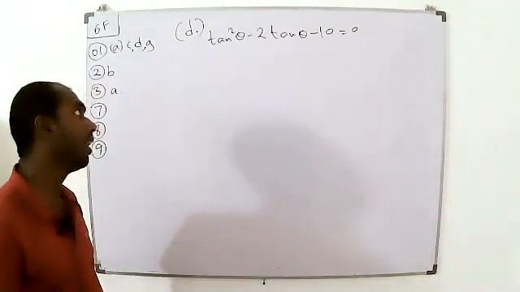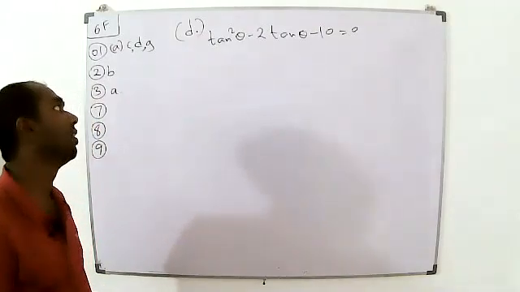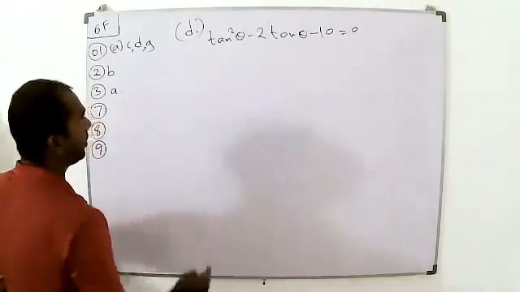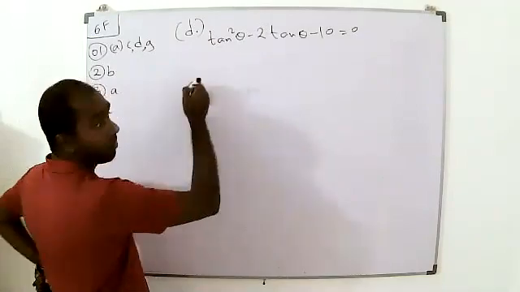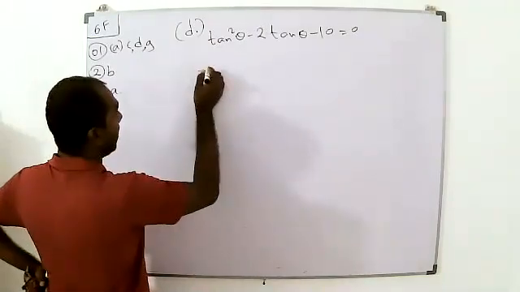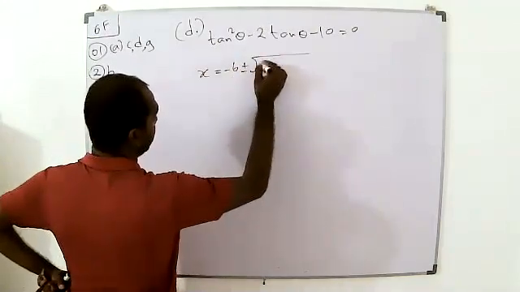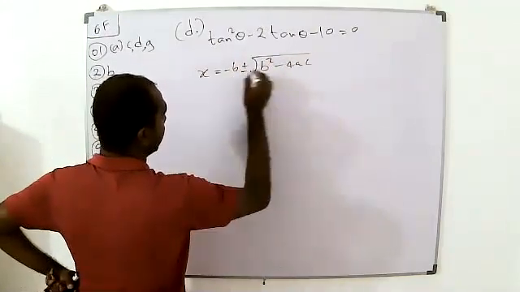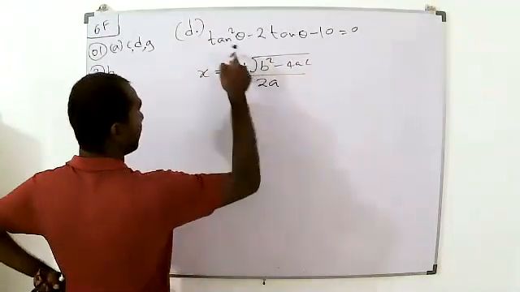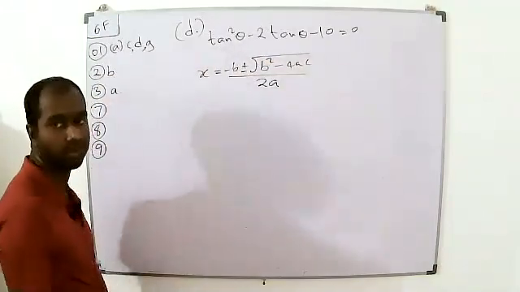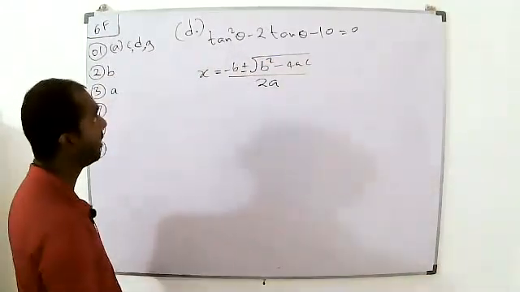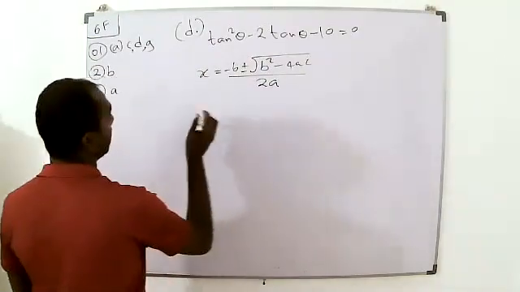The equation is x equals minus b plus or minus the square root of b squared minus 4ac, divided by 2a. I rarely use this. You can even use the completing the square method also. Okay.